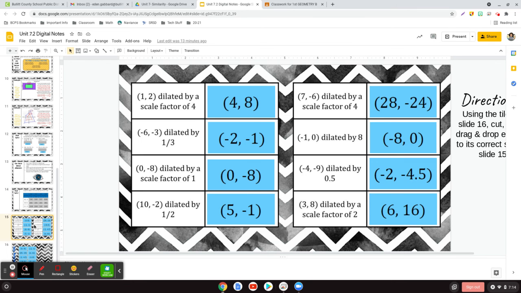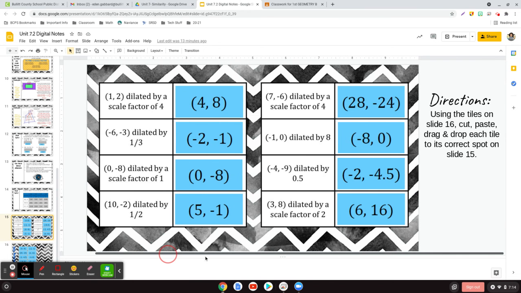Next, we will be using the tiles on slide 16 to fill in the answers for each of these dilations.